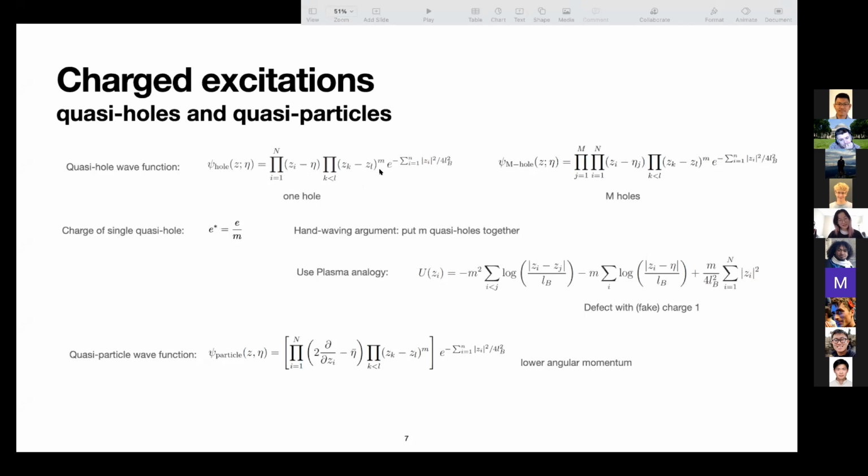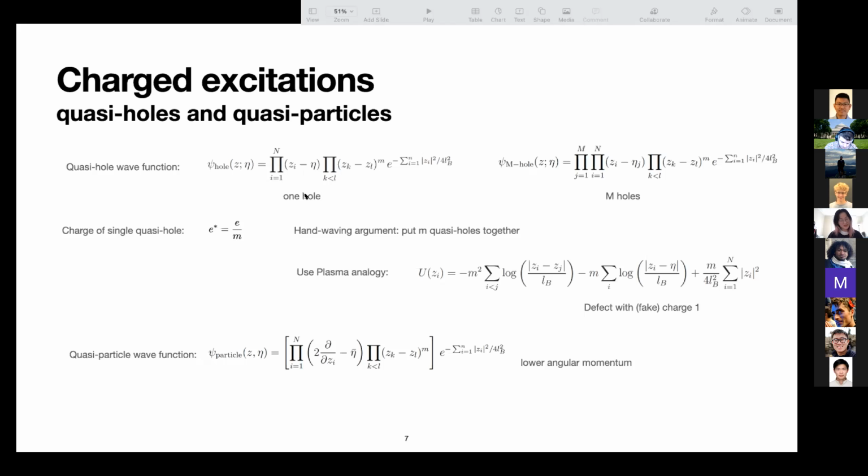And we can also try to put m holes at positions eta 1 to eta m. So this seems to be legitimate. Let's see about the charge of a single quasi-hole. Surprisingly, the charge is actually 1 over m.